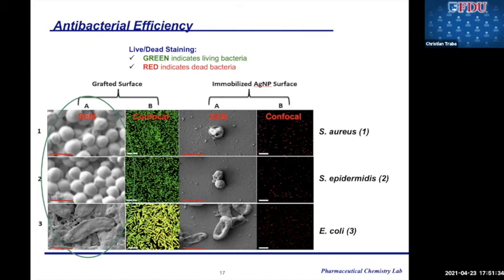SEM images on grafted surfaces contaminated with bacteria overnight show healthy, round, and full-shaped bacteria, demonstrating the intermediate stages of biofilm formation. On the other hand, bacteria that were attached to immobilized surfaces show dead bacteria.